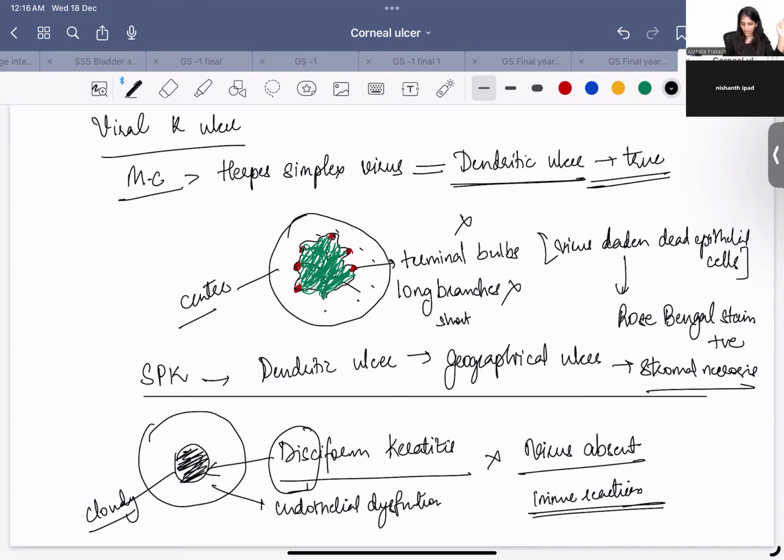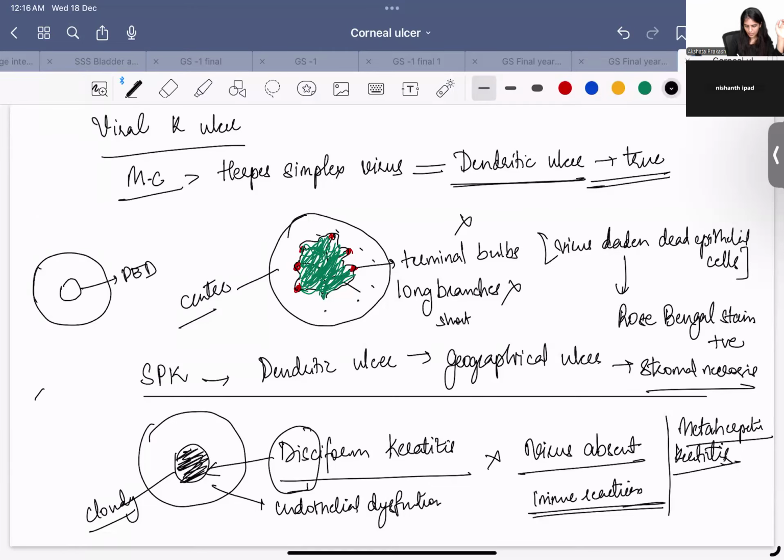Another thing that can add on to this stromal necrosis after this disciform is your metaherpetic keratitis. What do we understand by metaherpetic keratitis? In this, in the cornea, there is a persistent epithelial defect and decreased corneal sensations.